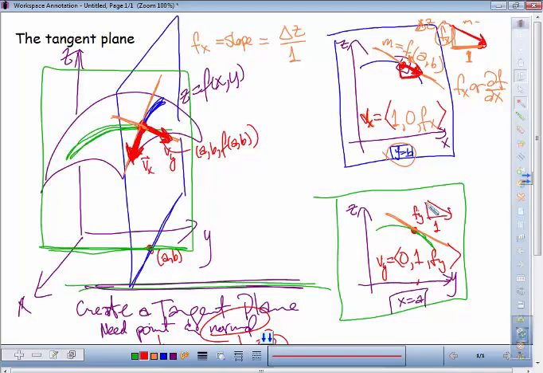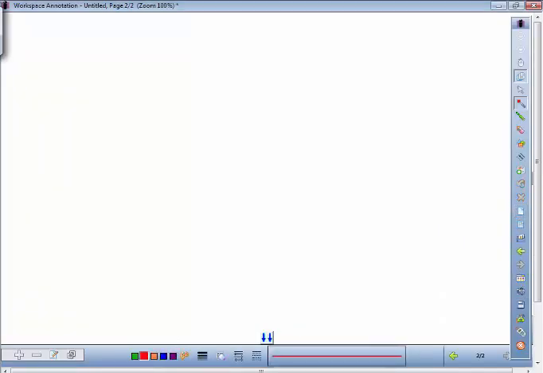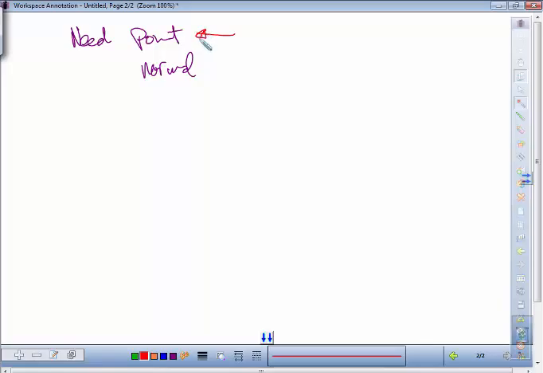All right, let's take this to the next page. Let's collect what we have so far and reiterate some of the things that we need. We need a point and a normal. We said we have the point already, a, b, and f of a, b.